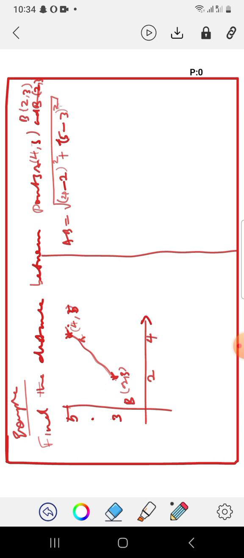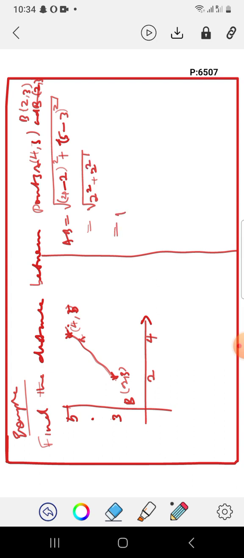This is going to give you the square root of 2 squared plus 2 squared.